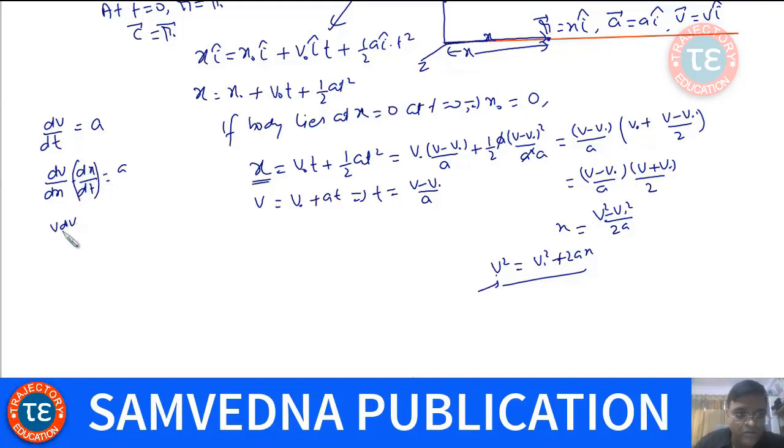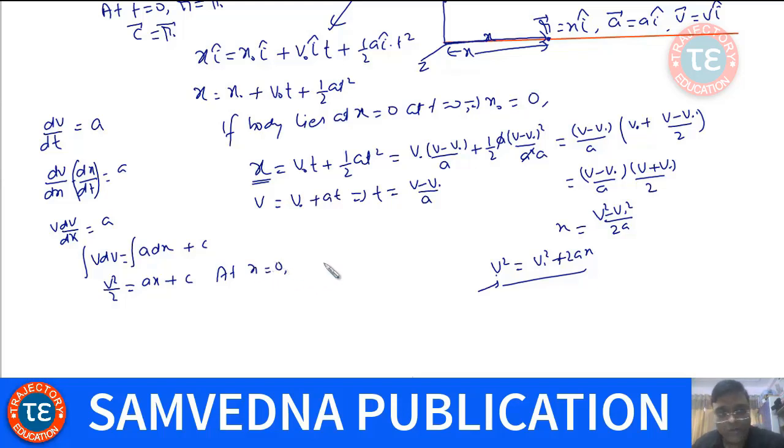Since in one dimensional motion dx by dt is the velocity, v dv by dx is a, and a is constant, uniformly accelerated motion. So this will come as v dv equals a dx, and now I can integrate it. So v square by 2 equals ax plus some constant.